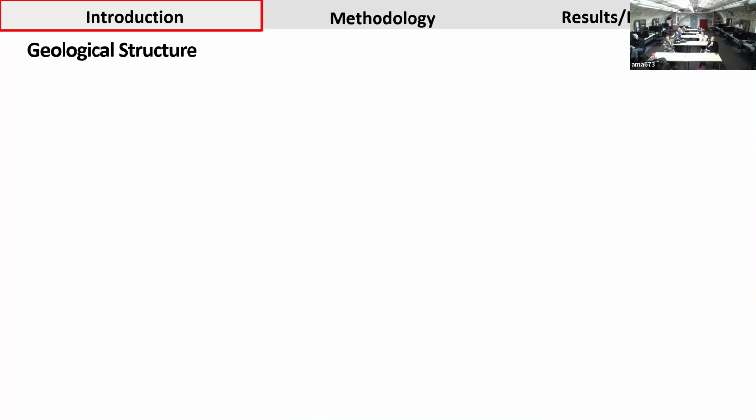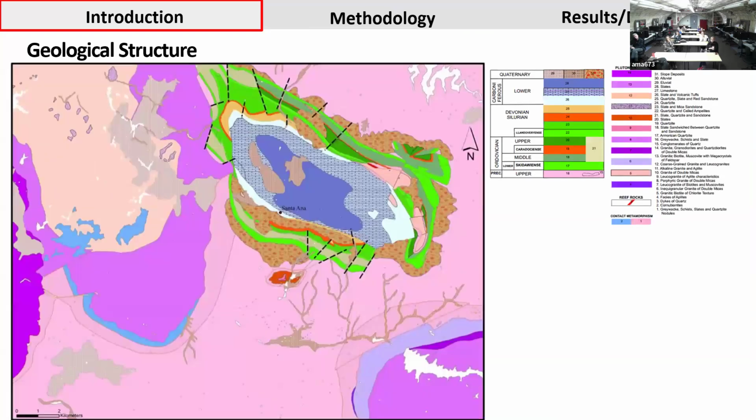So moving on to the geological structure, you have a complex geological map of the area. You have all the plutonic rocks that you can see there. But like I said, for the purpose of this, I'll be focusing on the granitic, quartzite, and quartz materials. You can see the geological structure of the area.